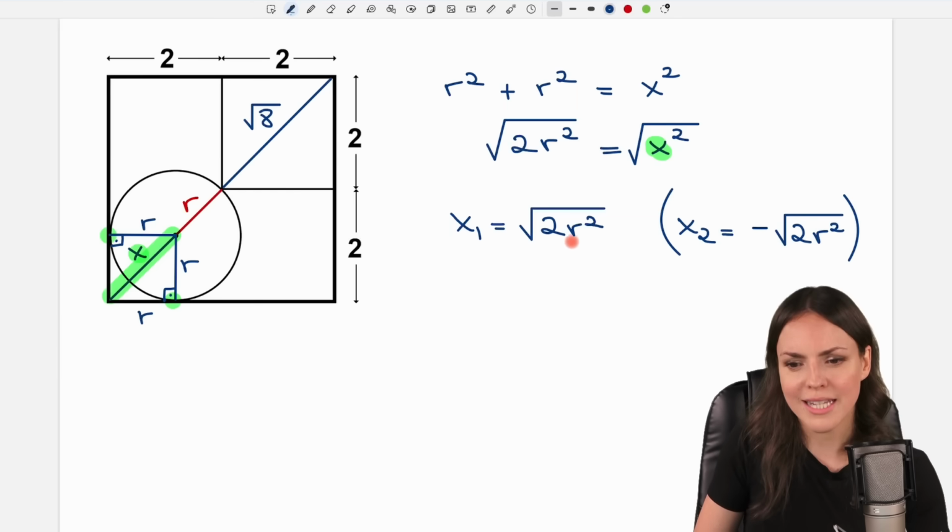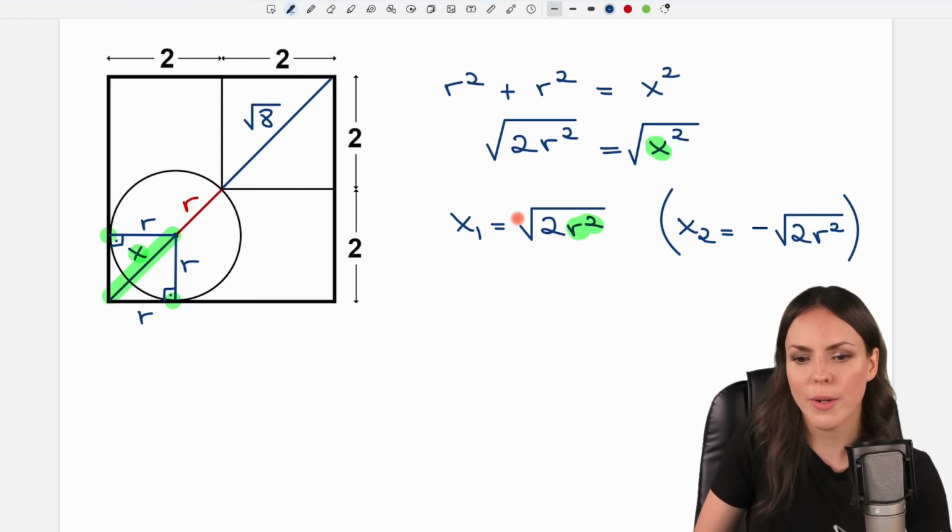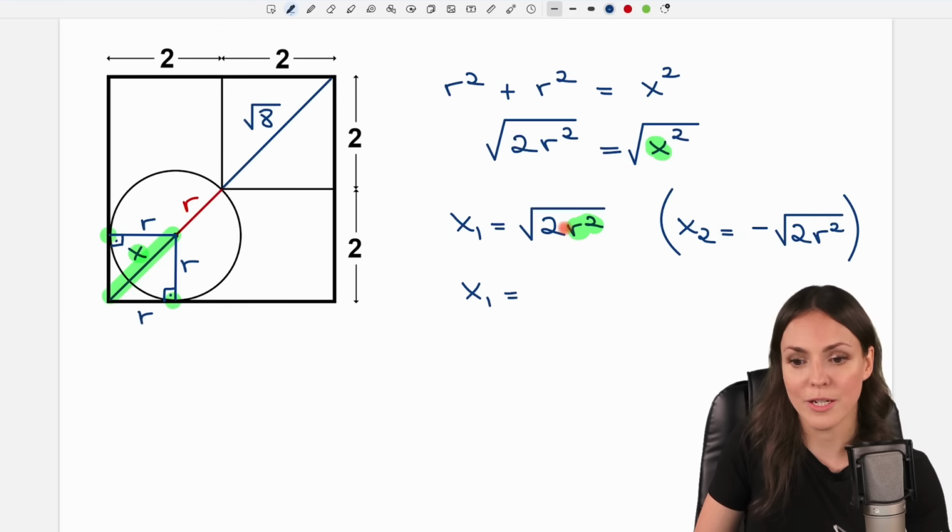So we can simplify this a little bit more because we have this r squared here in our square root. So let's write it like this. Because we have a product in here, we are allowed to write this one big square root as 2 separate square roots. So the square root of 2 first, and then we multiply it by the square root of the rest, so square root of r squared.